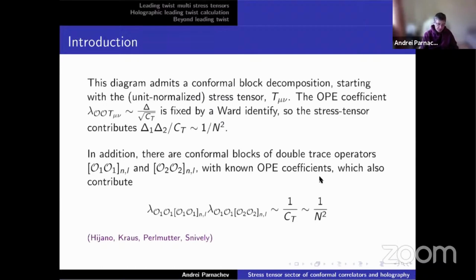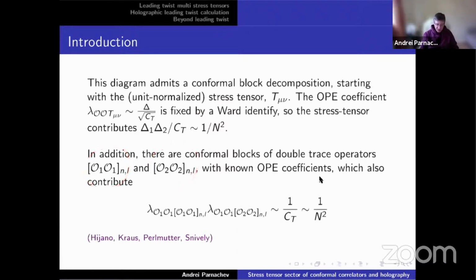The OPE coefficient of operators with T is completely fixed by the Ward identity and is given by delta over square root of C_T. So the stress tensor contributes this for O1 times this for O2. So it indeed contributes something which scales like 1 over N squared. In addition to the stress tensor, there are conformal blocks which correspond to double trace operators, both made out of O1 and O2.